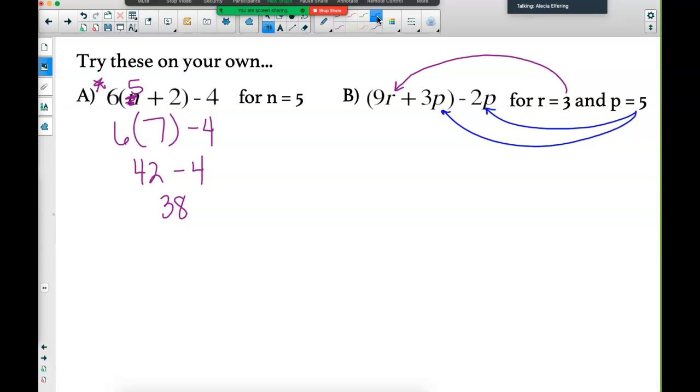So I'm going to rewrite this, and it becomes 9 times 3 plus 3 times 5, with parentheses around that, minus 2 times 5.